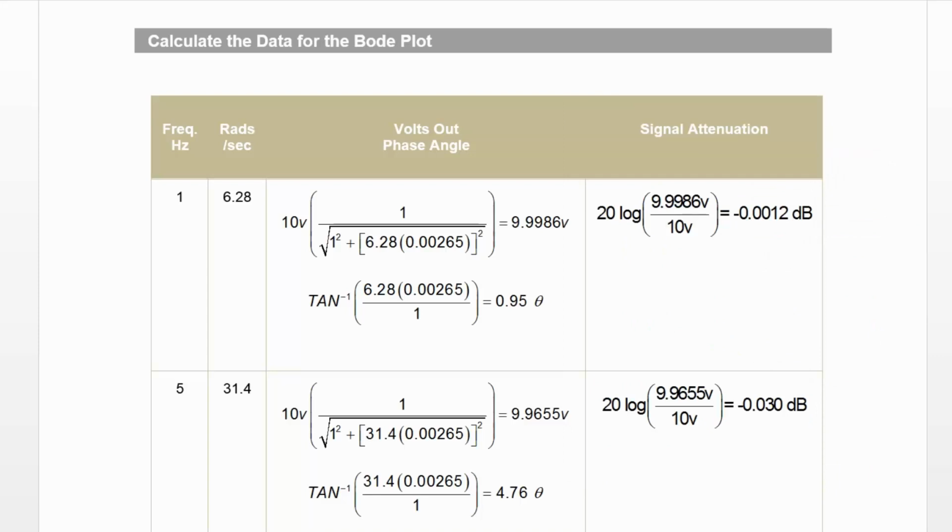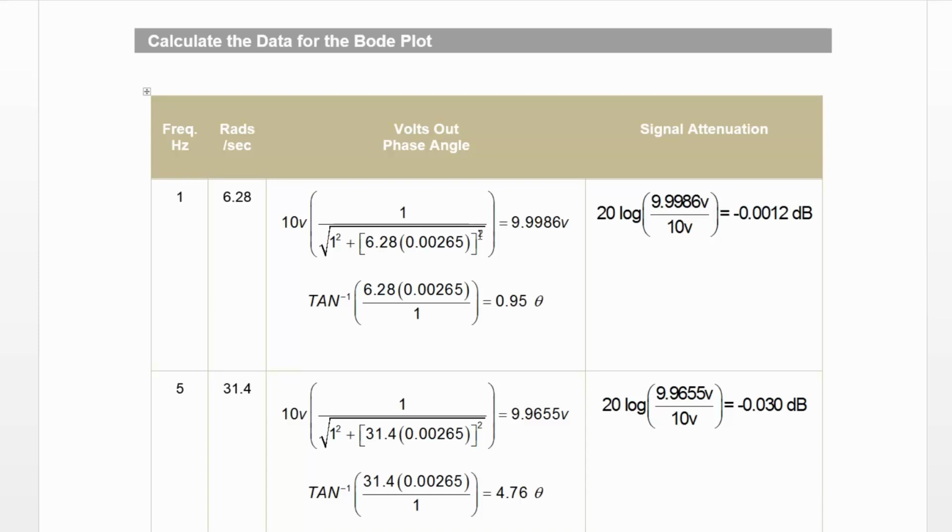Okay, so you can go into the book and look at this, and we've generated it for a frequency of 1, a frequency of 5. So here, 1 would be 6.28 radians times a frequency of 1, gives you 6.28 radians. Then we multiply it times our time constant, 0.00265 seconds.